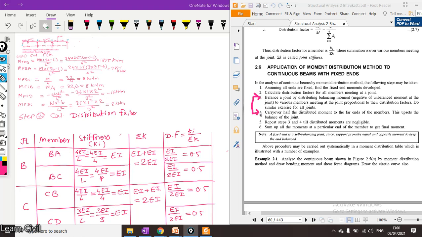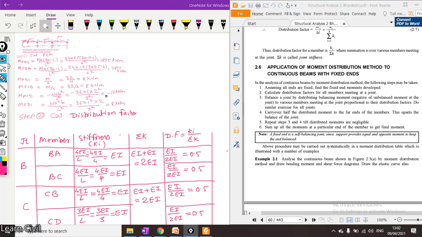This procedure will be repeated till the unbalanced moments are negligible. And at the end, we will be summing all the moments of every particular column. So this is how moment distribution problems are solved.